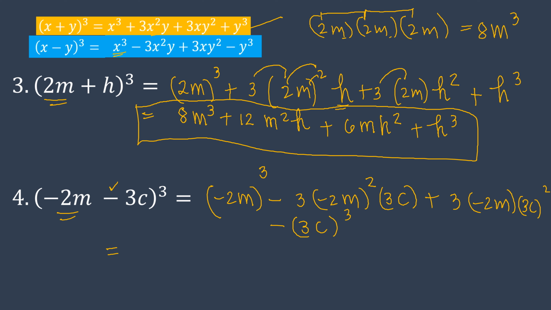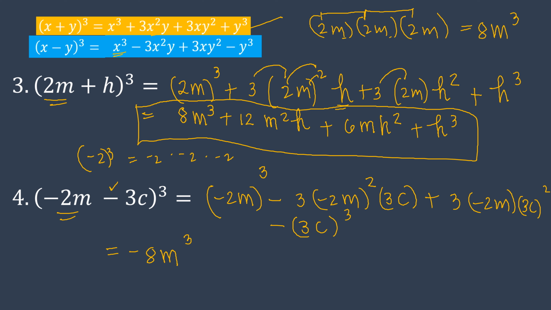So what is its further simplification? Negative 2 to the power of 3, that means negative 2 times negative 2 times negative 2, and that will give us negative 8m to the power of 3. Okay, so let's proceed. Do not multiply directly the 3 and 2 because there is a 2 in there.